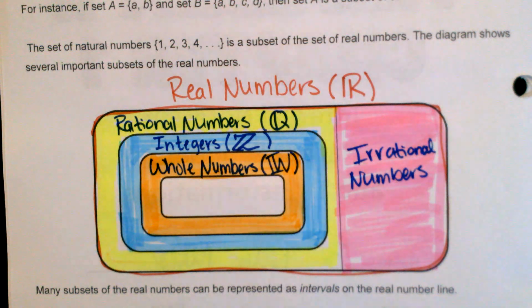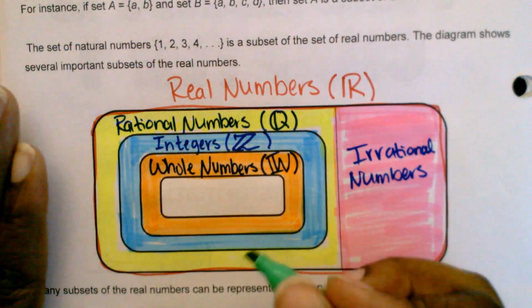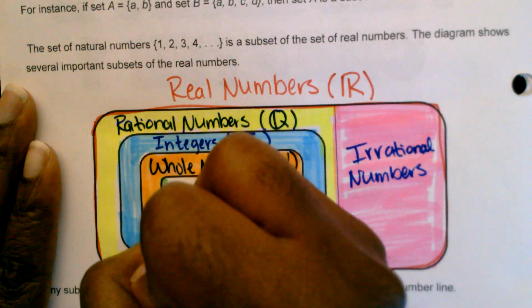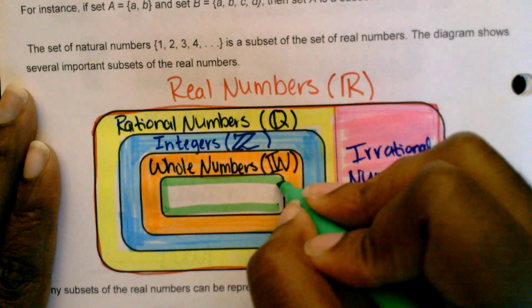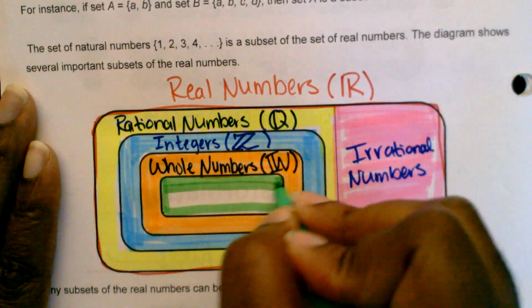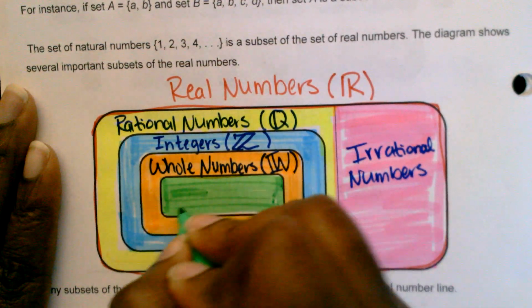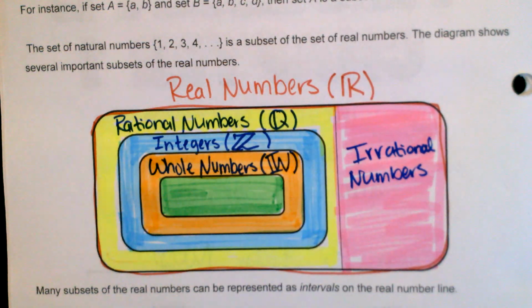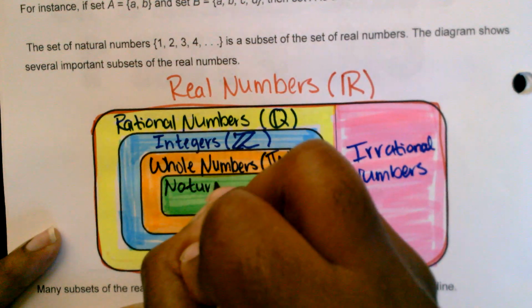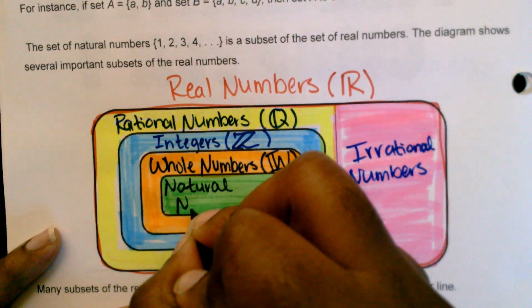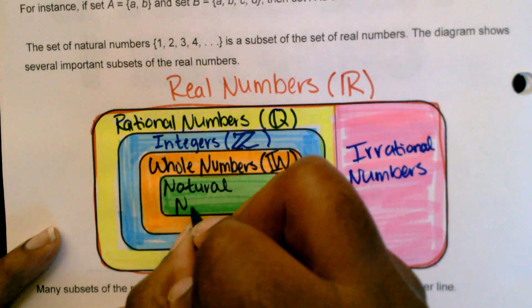And then inside my subset of whole numbers, I have the natural numbers. And the natural numbers, like I said previously, start with 1 and are all positive.